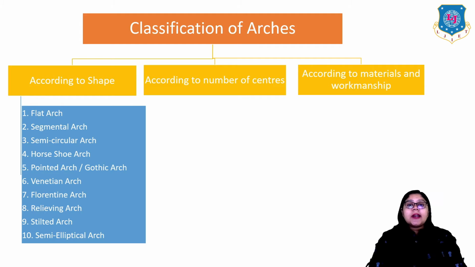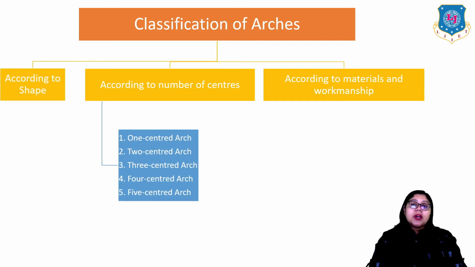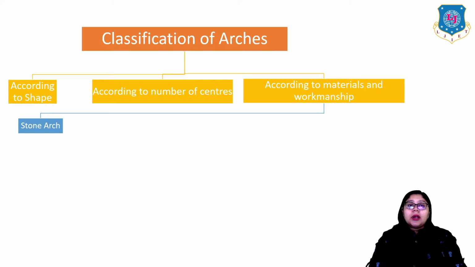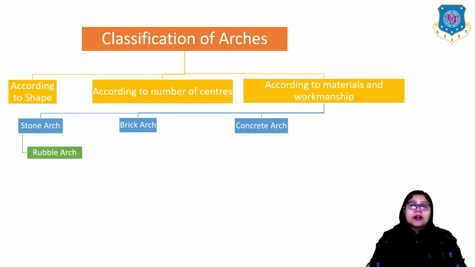Now let us see the classification according to the number of centers. It can be a one centered arch, two centered arch, three centered arch, four centered arch and the five centered arch, right? And when we talk about the last type, according to the material and the workmanship, it is classified as the stone arch, brick arch, concrete arch, right?